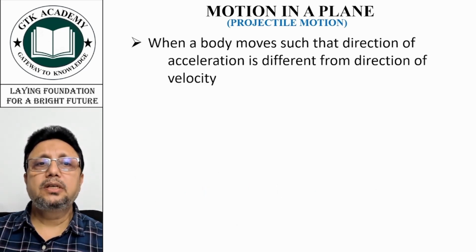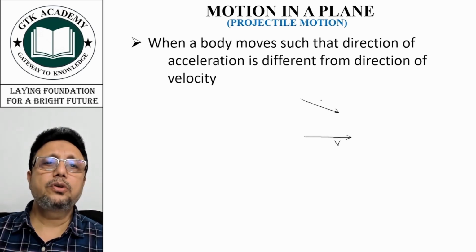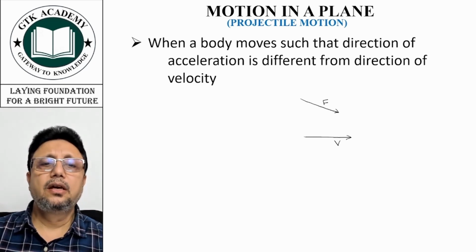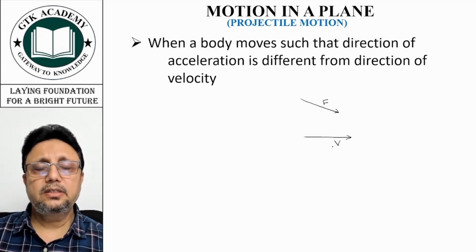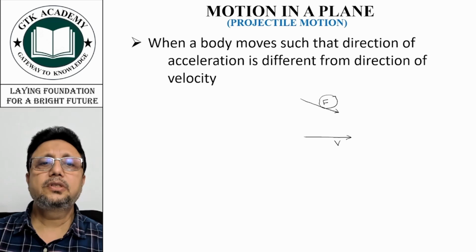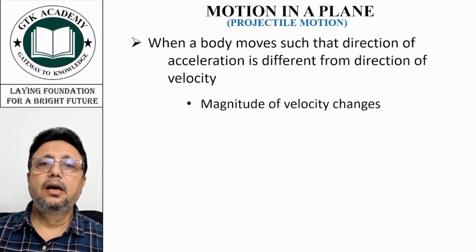But when the body moves such that the direction of acceleration is different from that of velocity. Suppose you have velocity in this direction and your acceleration or force is in this direction, because acceleration is there, that means the force is there. If you have a scenario like this where the direction of acceleration or force is different from the direction of velocity, what will happen?